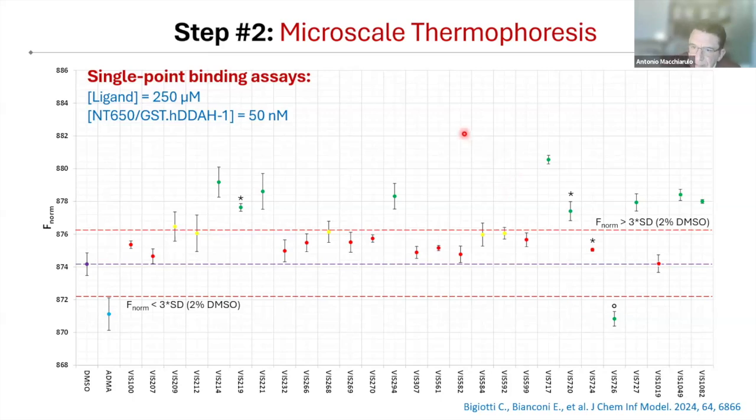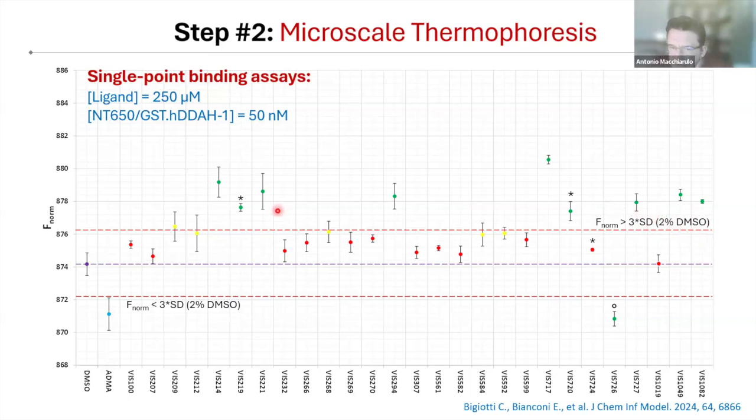Here we can see how we were able to identify a pool of active compounds that match the criteria of inducing thermophoretic movements, expressed as emission of fluorescence, that is above or below 3 times the standard deviation obtained with the negative control, that is the vehicle, the DMSO, in which these molecules have been dissolved.